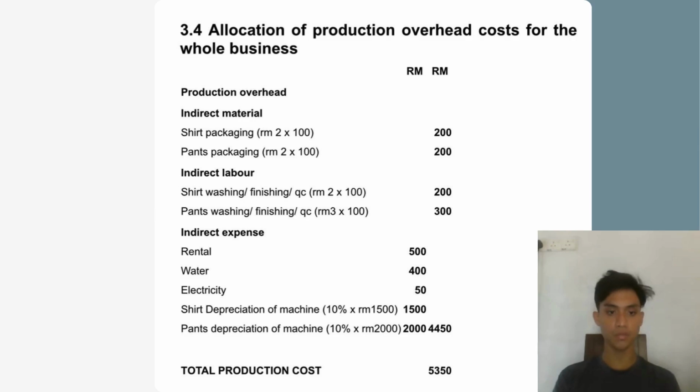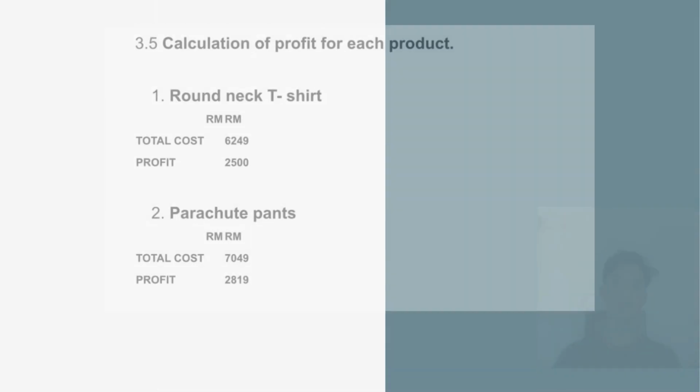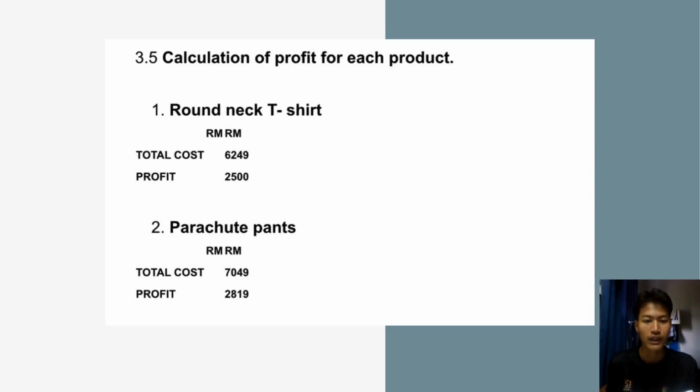Indirect expense, first of all, we have rental 500, electricity 400, water 50 ringgit, shirt depreciation of machine 150, pants depreciation of machine 200. So the total production cost is 5,350.